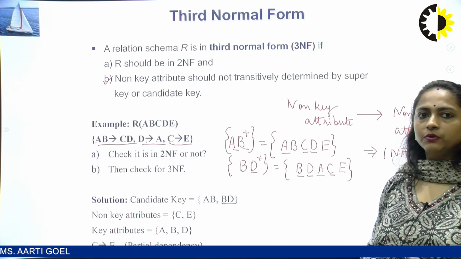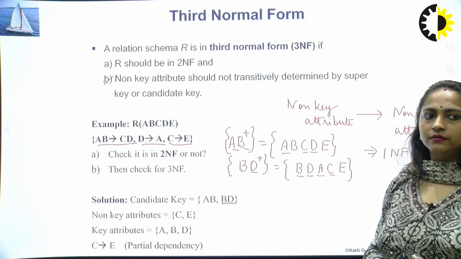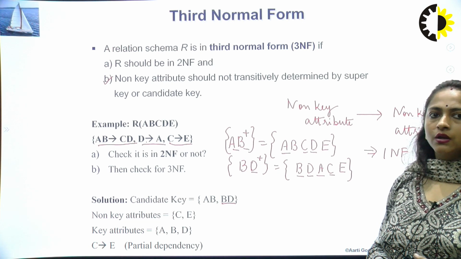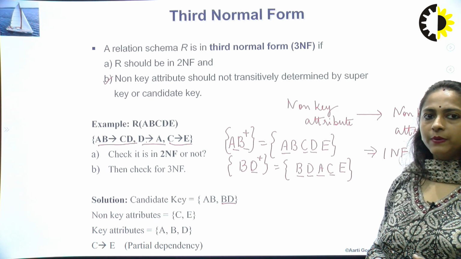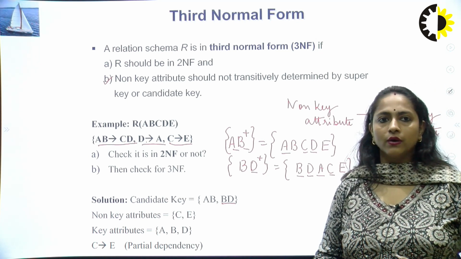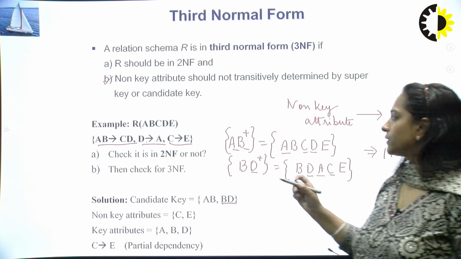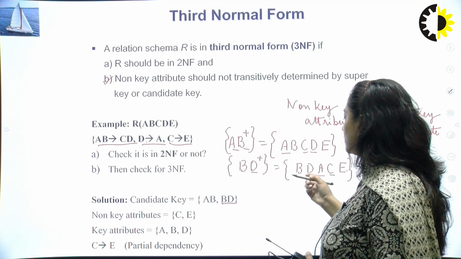So the non-key attributes are C and E. So we check whether there is a partial dependency or not. So let's check for the partial dependency.